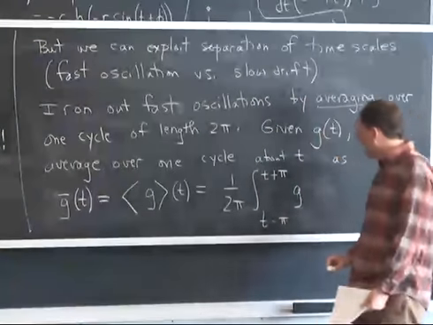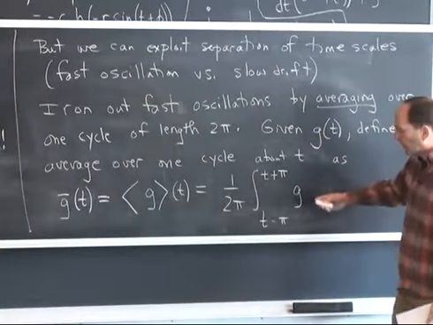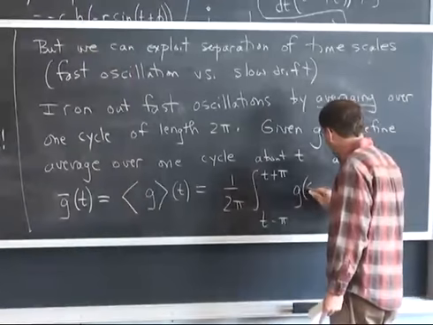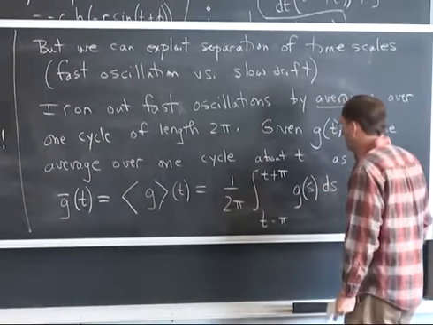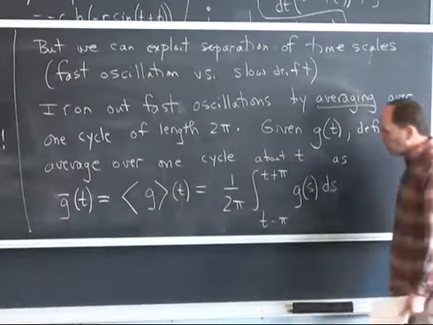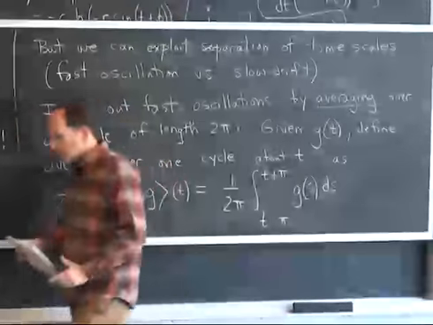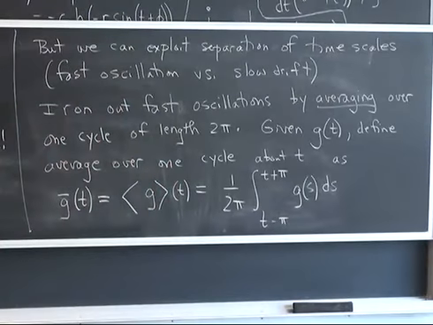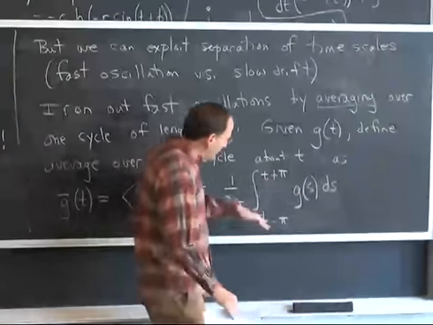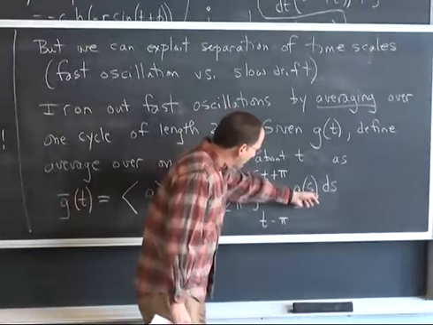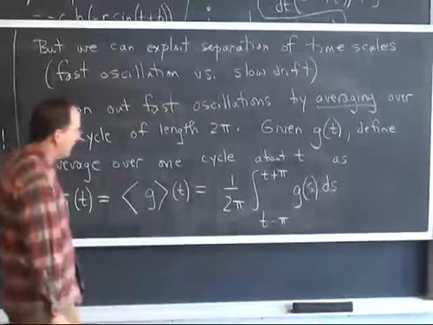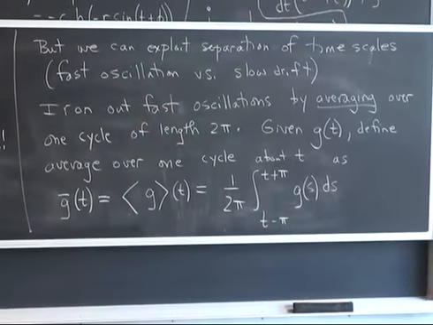Now, I shouldn't really write t again because this is a dummy variable of integration. So I'll write something like g of s ds. Although among grown-ups and professionals, there isn't much danger in calling it g of t dt. But, you know, your freshman calculus teacher will have a conniption if you do that. So whatever, we may or may not use t for this, but officially we should be using some other variable that we could call s.